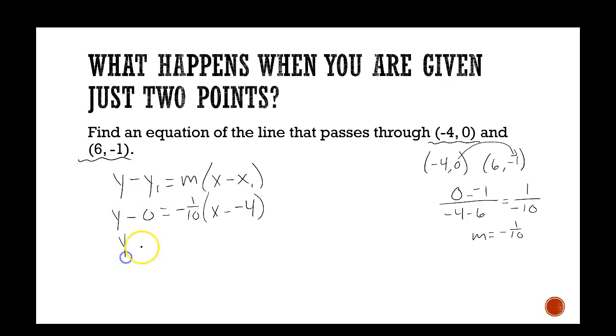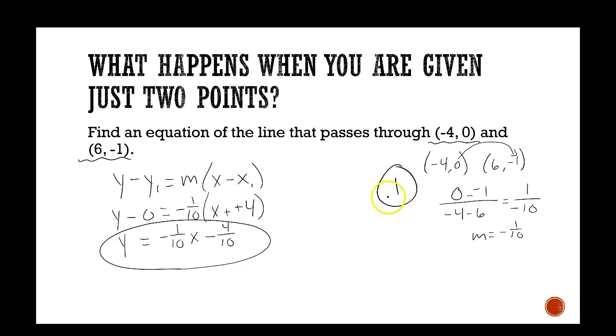So I have y minus 0, so that's nothing. Go ahead and distribute the 1/10. That would give you plus -4/10. And that would be your equation. Okay, so again, the only thing changing here is this. I have to do this first step of finding the slope before I can use the point slope form.